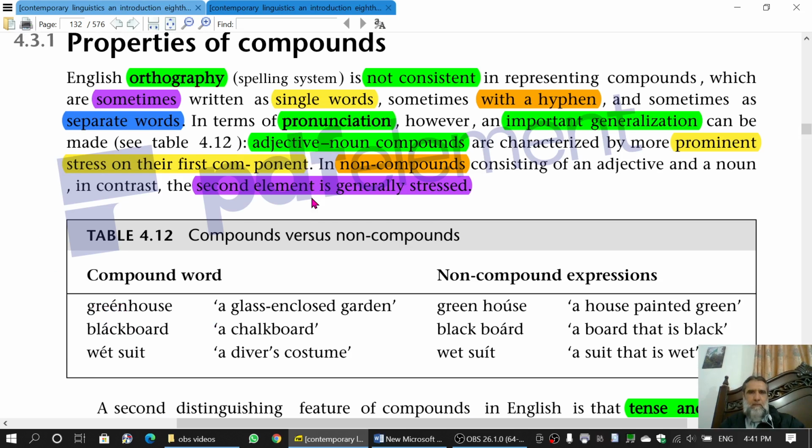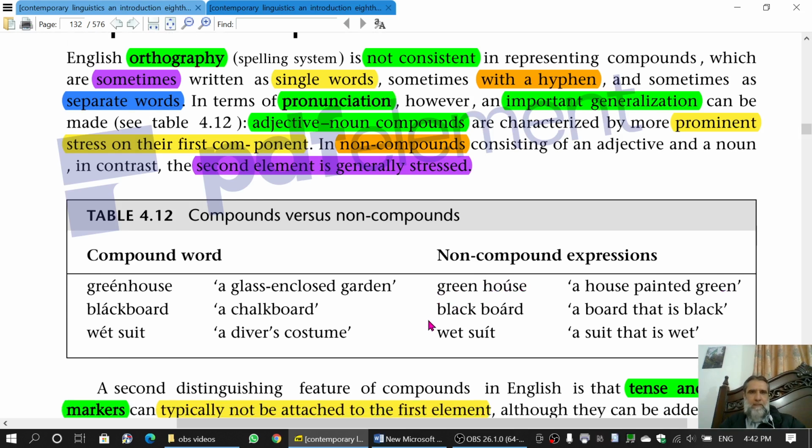If we have non-compounds, which consist of an adjective and a noun, then often the stress is on the second component. For example, green house, which means a house painted green. In this case, the stress is on the house. This is that clue creating differentiation between the compound and the non-compound expressions.